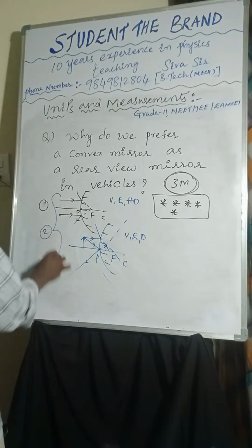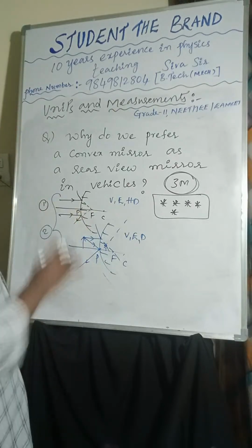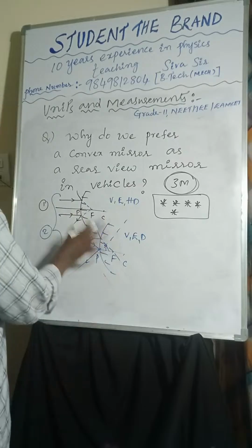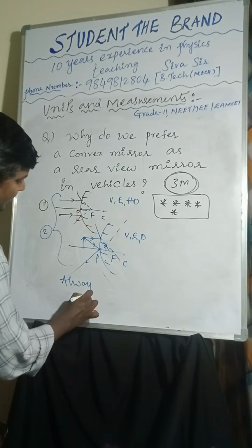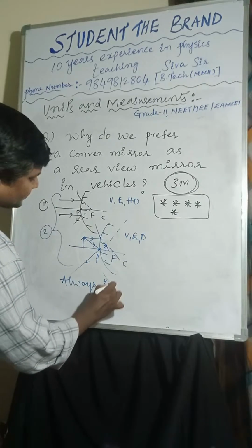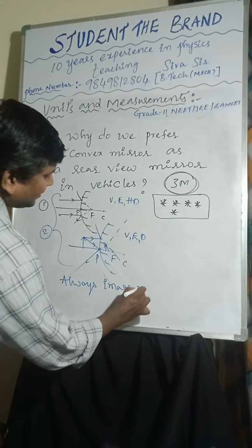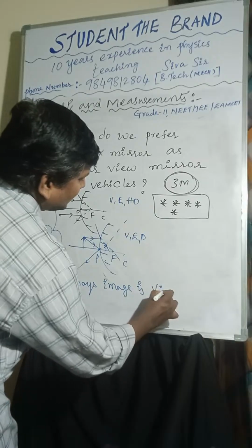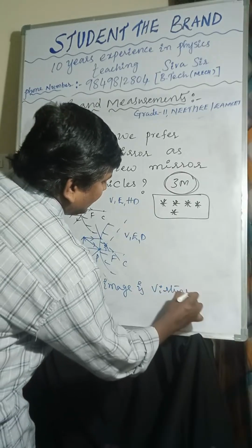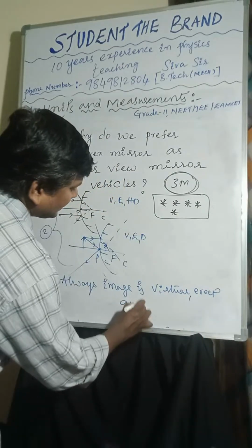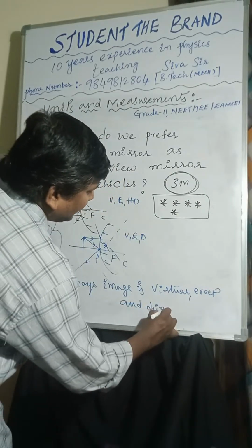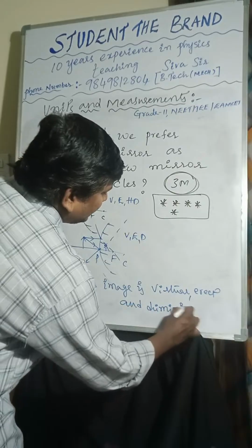In these 2 cases you can observe the image is always virtual, erect, and diminished.